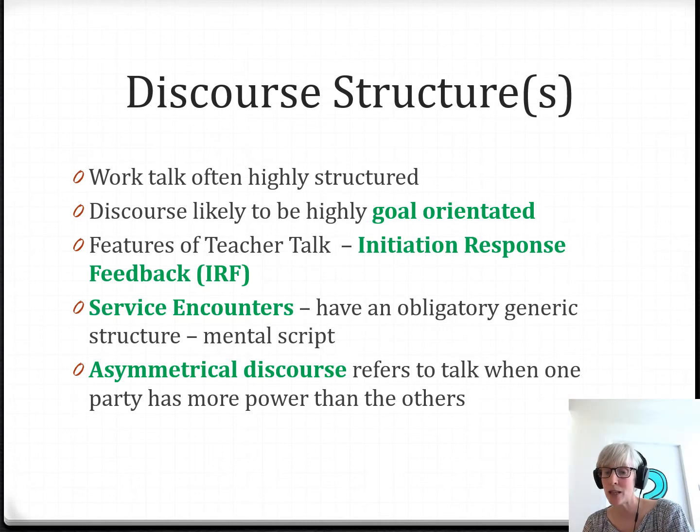We've talked about how teachers talk to students, but there's also the way service encounters work, and there's also this term about asymmetrical discourse. Okay, so these are all things you should be aware of. It's a good answer to the question, how does occupation affect language? Because it's not just lexis and semantics, yeah? You're talking about it affecting a different language level, how it can affect discourse, that is, conversation.